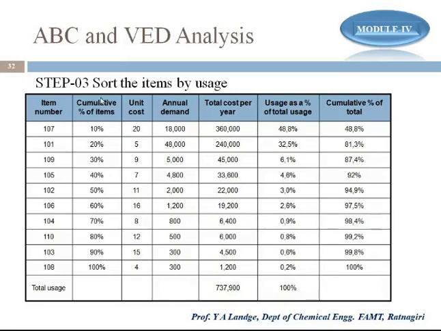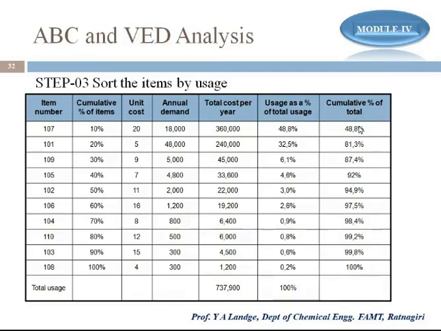Okay. Second thing, cumulative percentage of total. So for the cumulative percentage of total, what do we do? We have this data 48.8. So I write it as it is. Then for 101, how much is the percentage of total? 107 and 101.